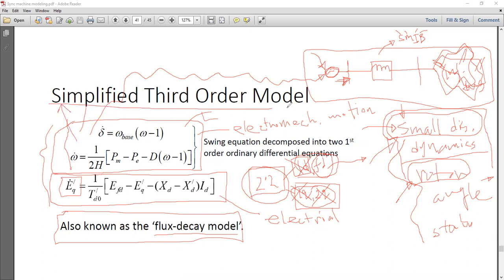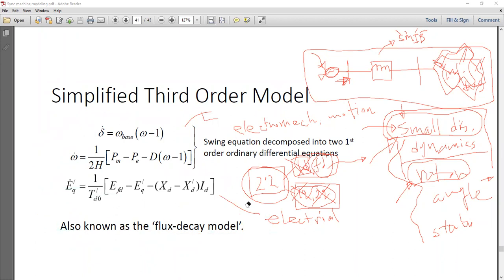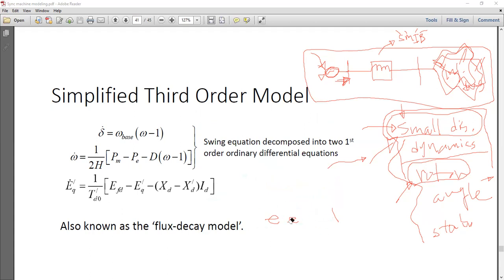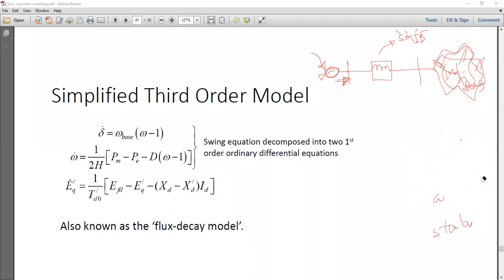What we have got till now is the simplified third order model, or the flux decay model, where we have three ordinary differential equations with respect to time. In short, we can also call it a system of ODE, ordinary differential equations. Now, can anyone tell how we can approach the solution to this problem of a system of ODE?